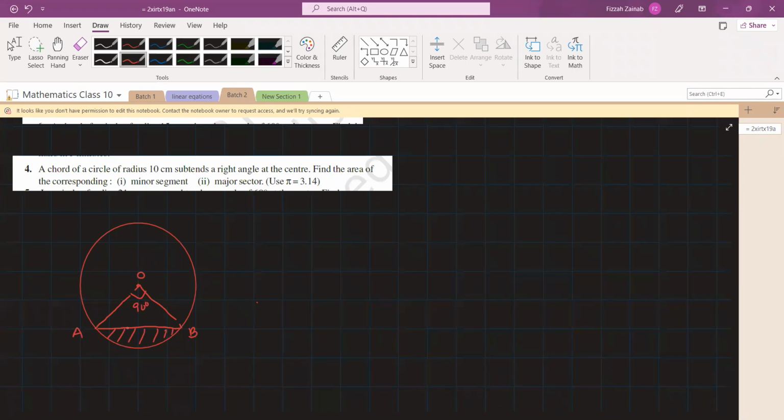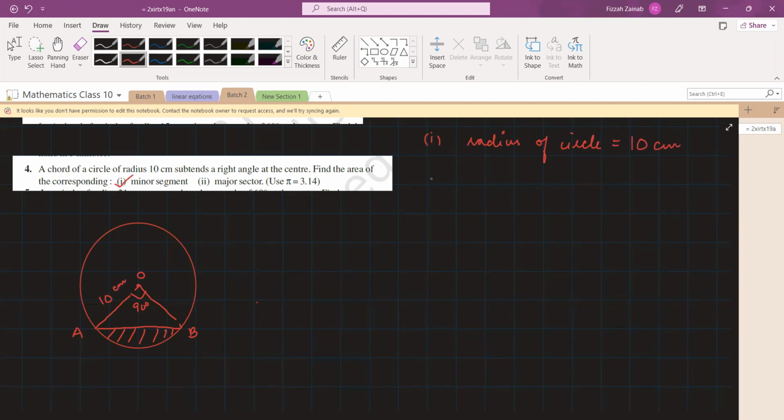Okay, and major sector. So first find out the minor segment. Now the radius of the circle is already given, so this side is 10 centimeter. First part: the radius of the circle is given, 10 centimeter.